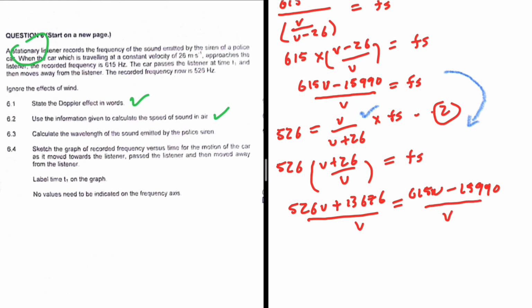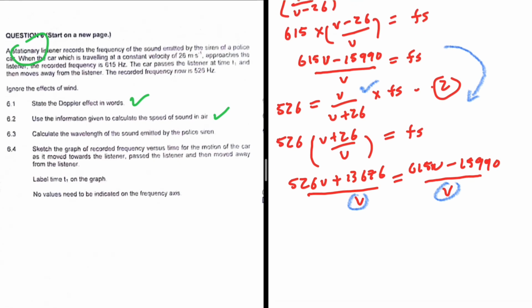Because we are dividing on the left side by V and on the right side by V, we can just drop V, because the numerators must be equal to each other. So we just have 526V plus 13,676 equals 615V minus 15,990. I think it's quite simplified now.